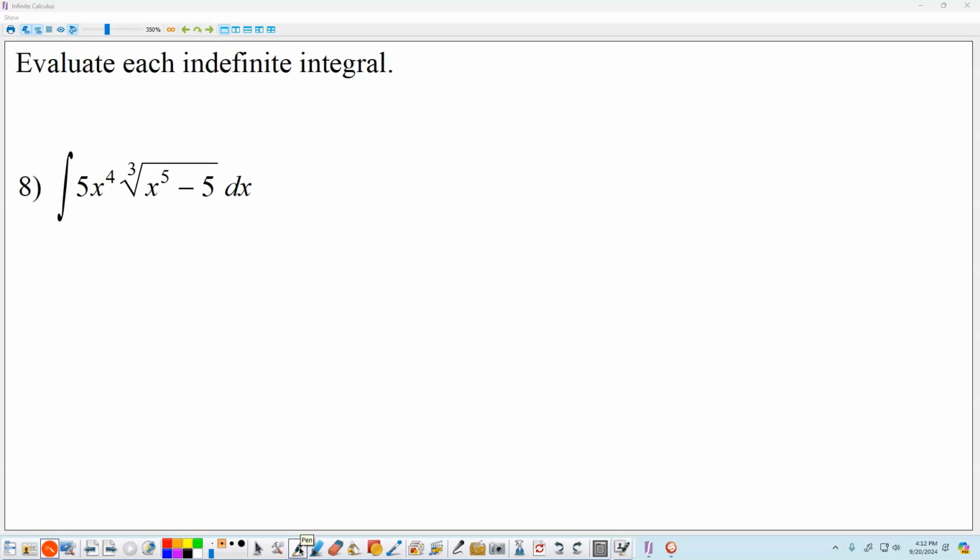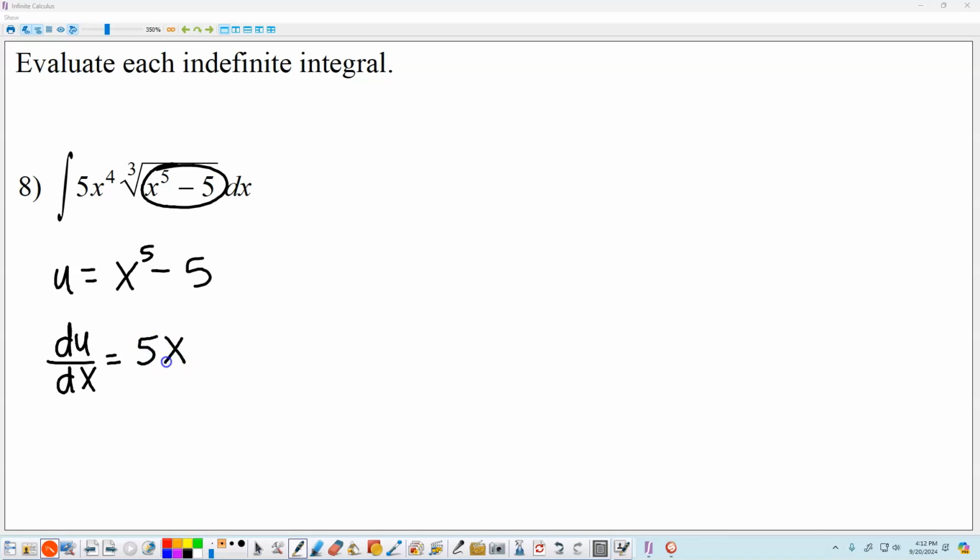All right, let's take a look at number 8. My inside function here is x to the 5th minus 5. Take the derivative. Let's get that dx by itself.